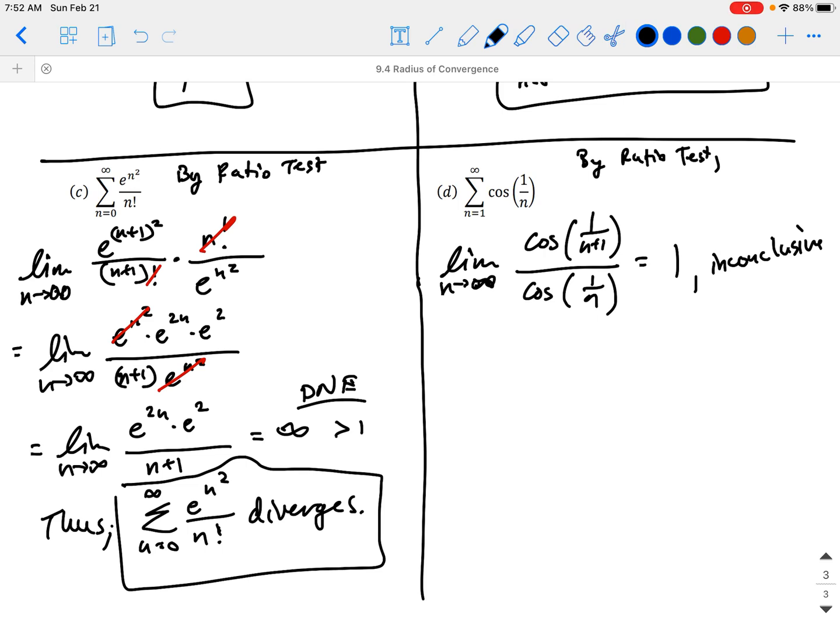And we'll note that we could do it by comparison possibly to see if we could bound it below or above. But actually, if we take the limit of the sequence, we can see that that's equal to 1.